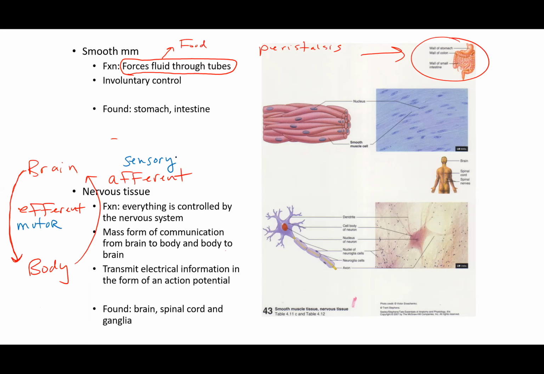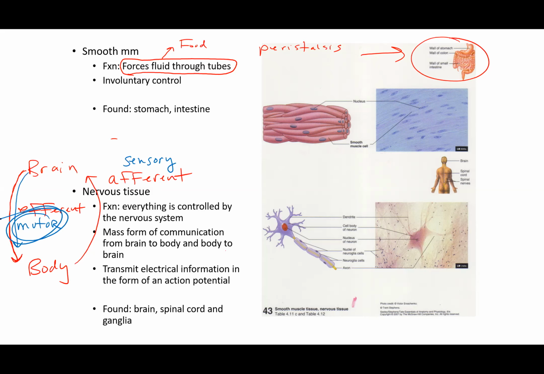Your brain processes the information, and then you have an efferent response. So what would be the motor response if you touched a hot stove? What would be the efferent response? Removing your hand. Perfect. So, easy example, right? Sensory in, motor out, body to brain, brain to body.